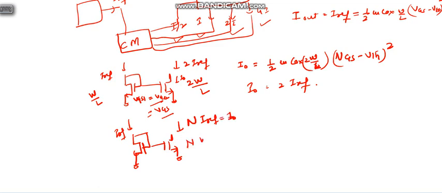This is N W by L and this is W by L. VGS for both is the same. Only the size is N times W by L of the reference device. So this is M1, this is M2.